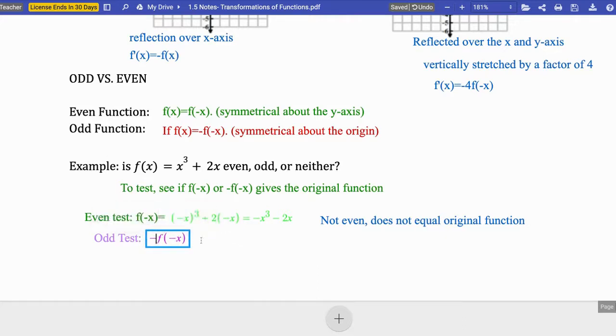So this time, we're going to put the negative on the outside, and then we're also going to make the x negative. So negative, negative x cubed plus 2 times negative x.